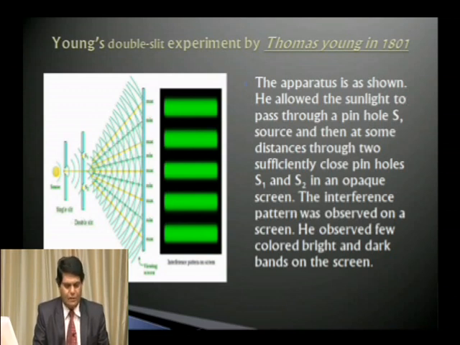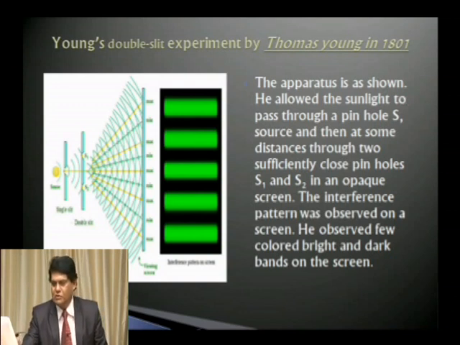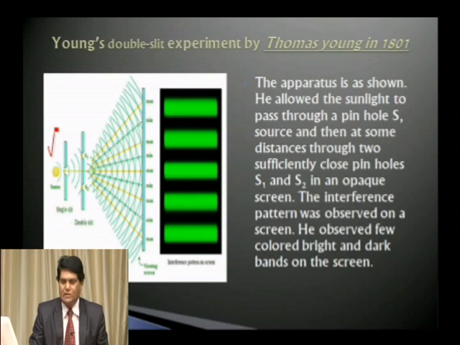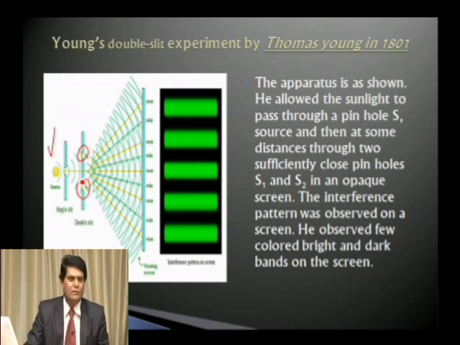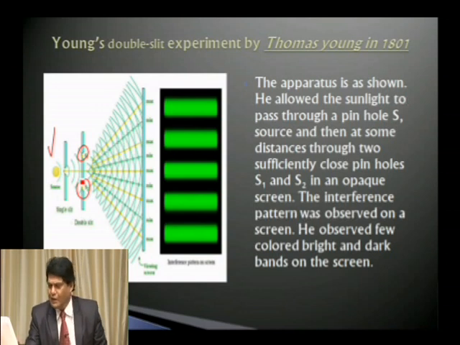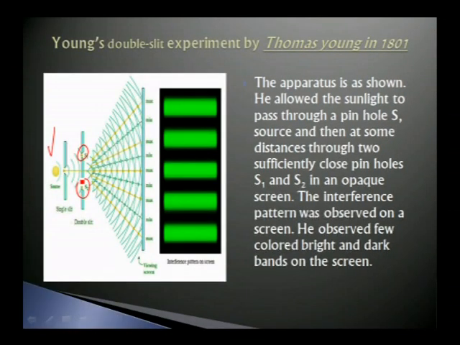What Thomas Young did is, he had a source of light, a single source, and this single source of light was split into two sources. How? With a simple technique. A ray of light passes through a single slit, and in front of that two slits are placed.